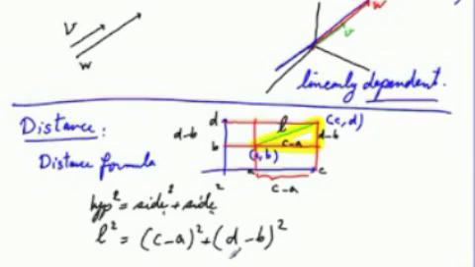Question is, what if you were in higher dimensions? How would you measure distances in higher dimensions? Same thing, distance in 3 dimensions. Just so that my picture does not get too crowded, let me put one of these points at the origin.